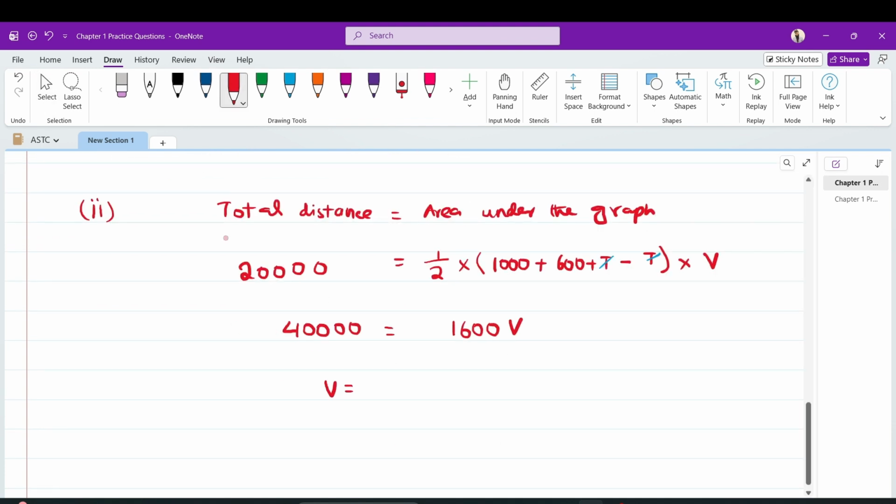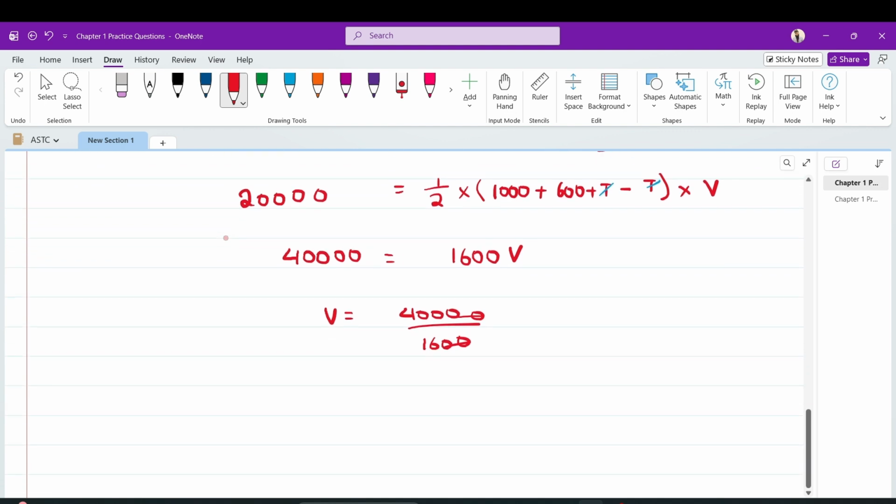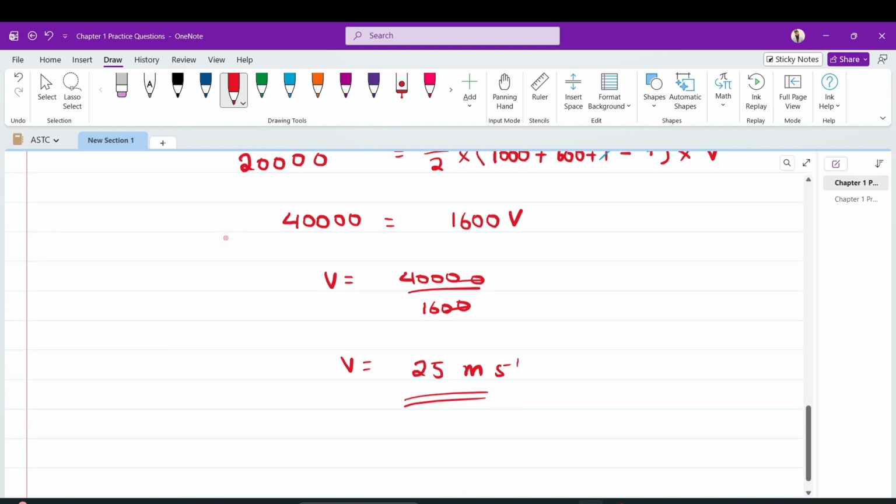Therefore, v is equal to 40,000 divided by 1600. Two zeros cancel out. 400 divided by 16 will give us, let me calculate that, 25 meters per second. Okay, so that is the velocity.